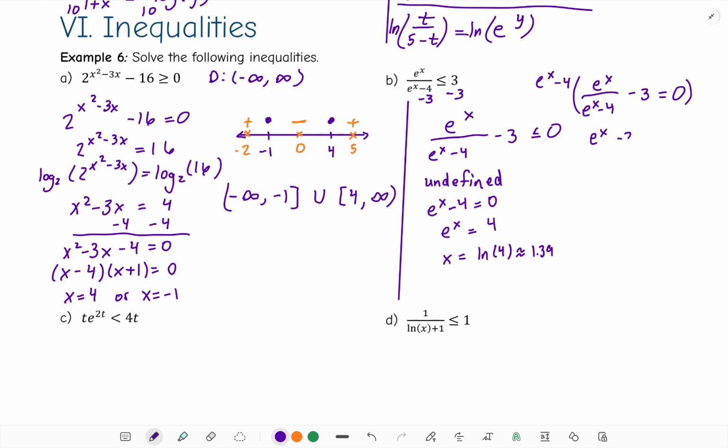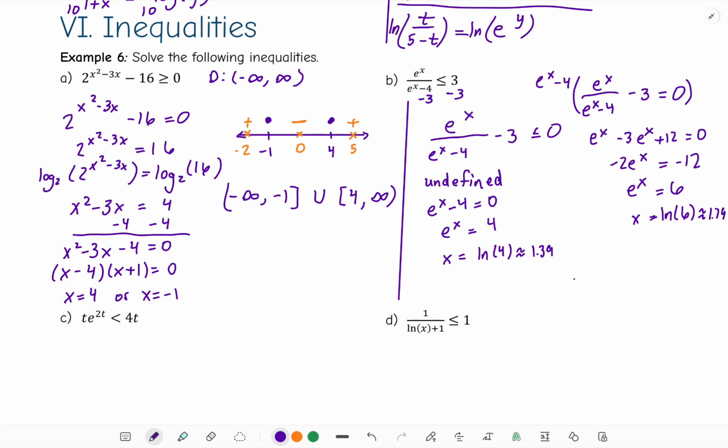Multiply by the 3, we get negative 3 e to the x plus 12 equals 0. Combine like terms. Subtract the 12 over. Divide by negative 2. And then we get x equals ln of 6. So it's 0 at ln of 6, which is approximately 1.79.